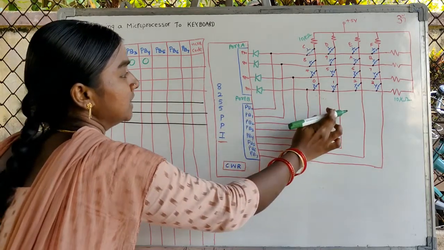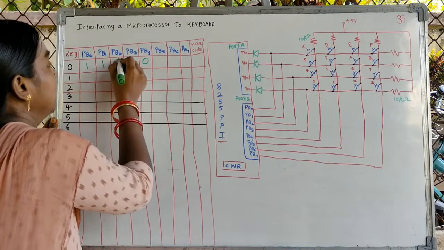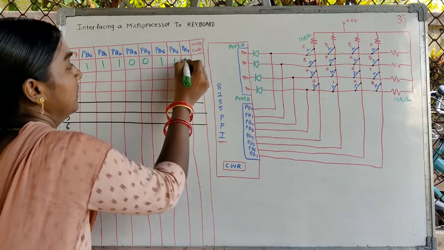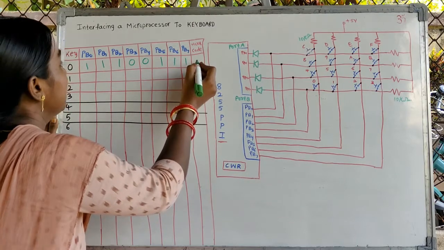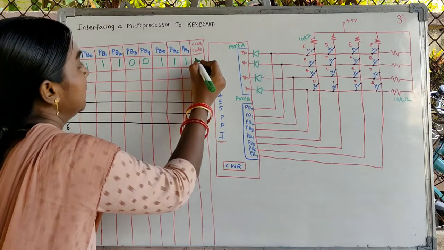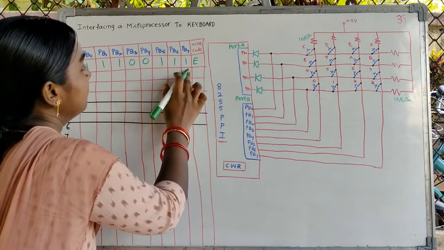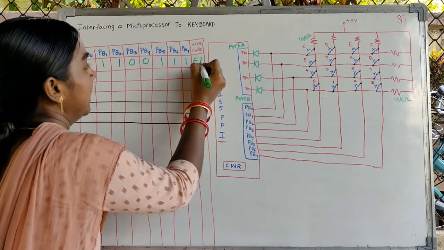The remaining other lines are going to contain the value 1, 1, 1, 1, 1, 1. The respective hexadecimal code is going to be 1, 1, 1, 0, which we know is E, and 0, 1, 1, 1, which we know is 7.